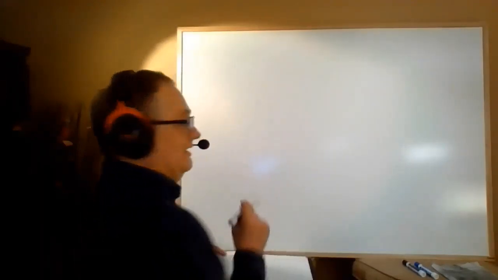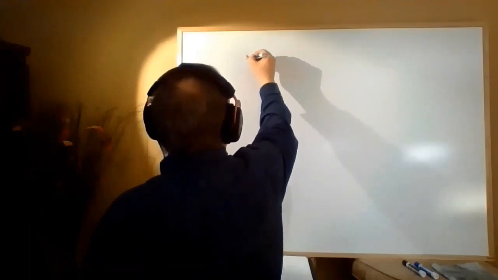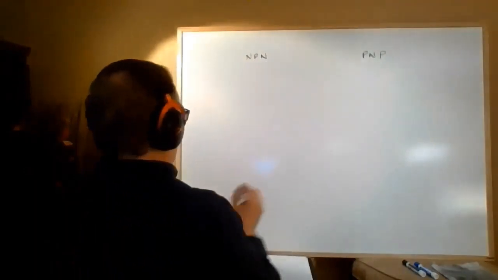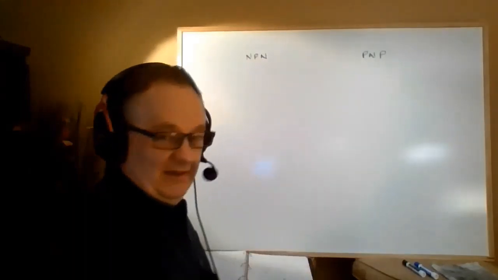All right. The next thing then, ohmmeter test, looks a little bit like this. If you think about the layers in a transistor, we just looked at that. We said we have NPN and PNP, and if we have just a PN layer, we know that that looks like a diode.